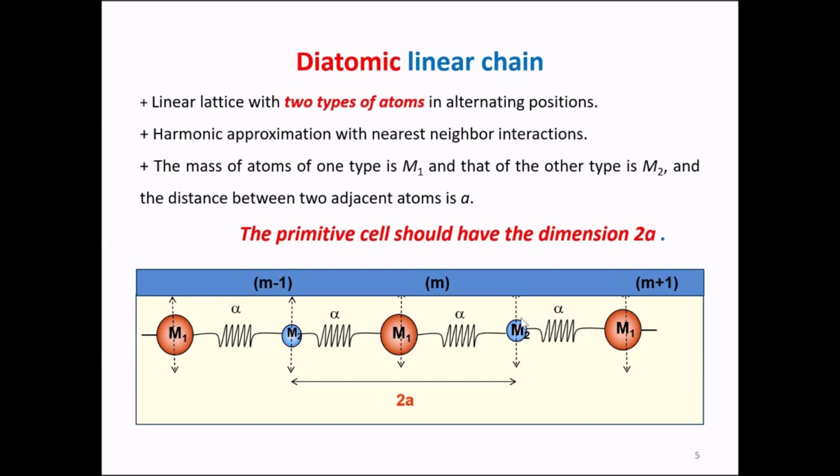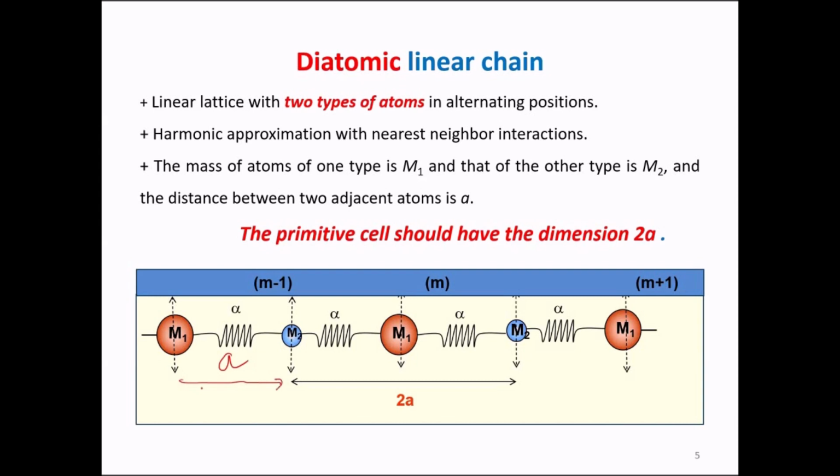Okay, so from now, because we have two types of atoms, the distance between neighboring atoms M1 and M2 is a, also a. The distance between neighboring atoms is a, and the primitive cell should be 2a. It's not possible to take a because a does not repeat, right?